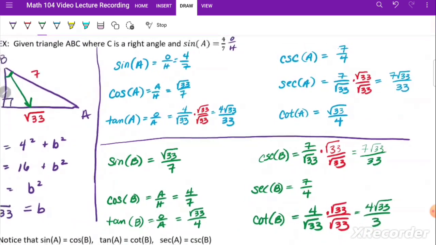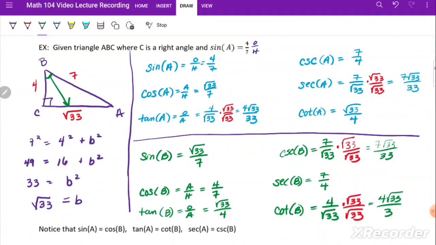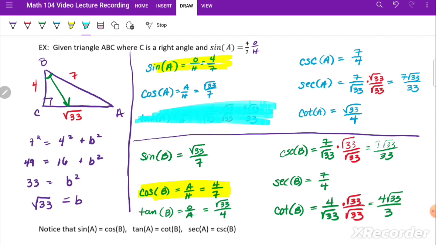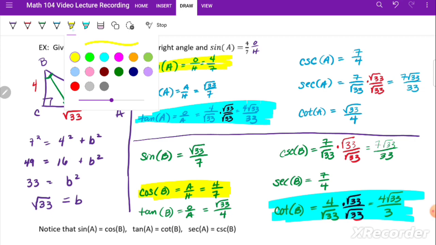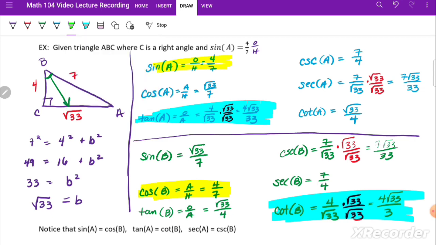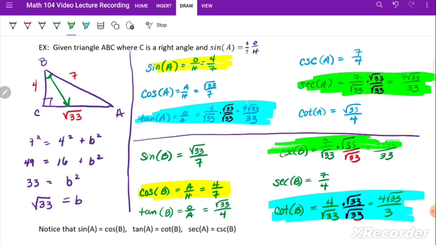Now, something I want to point out is notice with our answers that sine of angle A is equal to cosine of angle B, and tangent of angle A is the same as cotangent of angle B. Secant of angle A is going to be the same as cosecant of angle B. Now, you probably thought all that co stuff had to do with something.